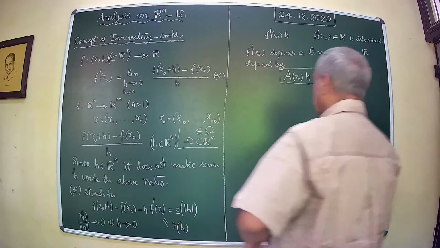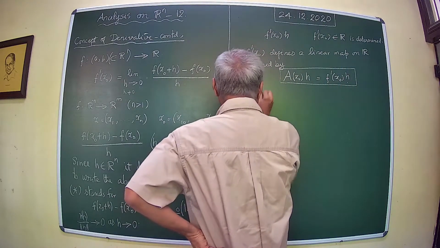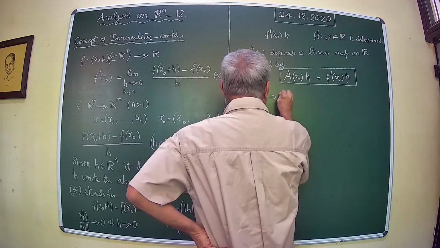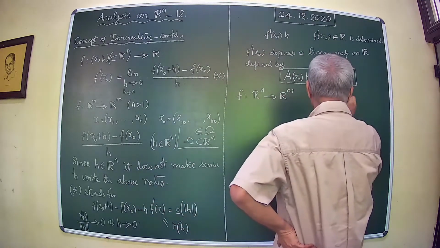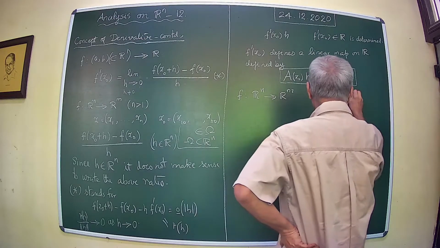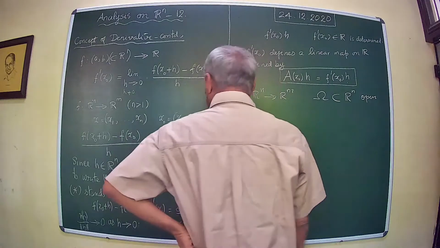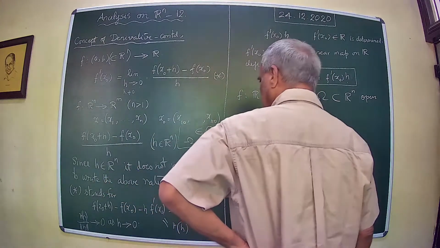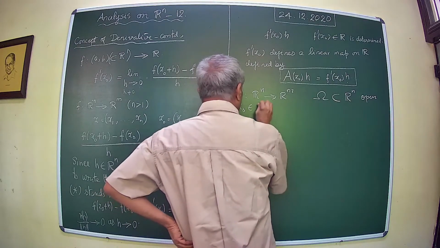That means suppose f is from Rn to Rm, and omega is contained in Rn open. And you take x naught belonging to Rn.